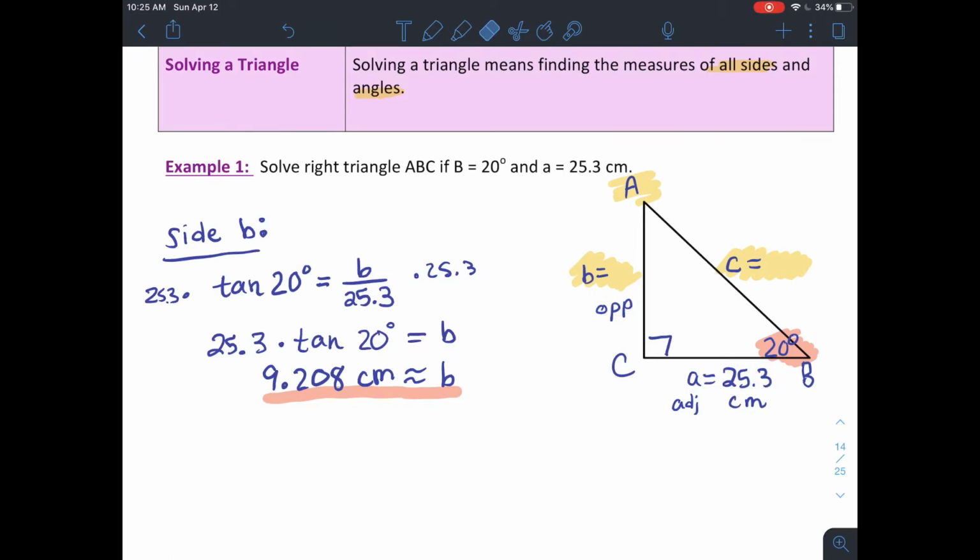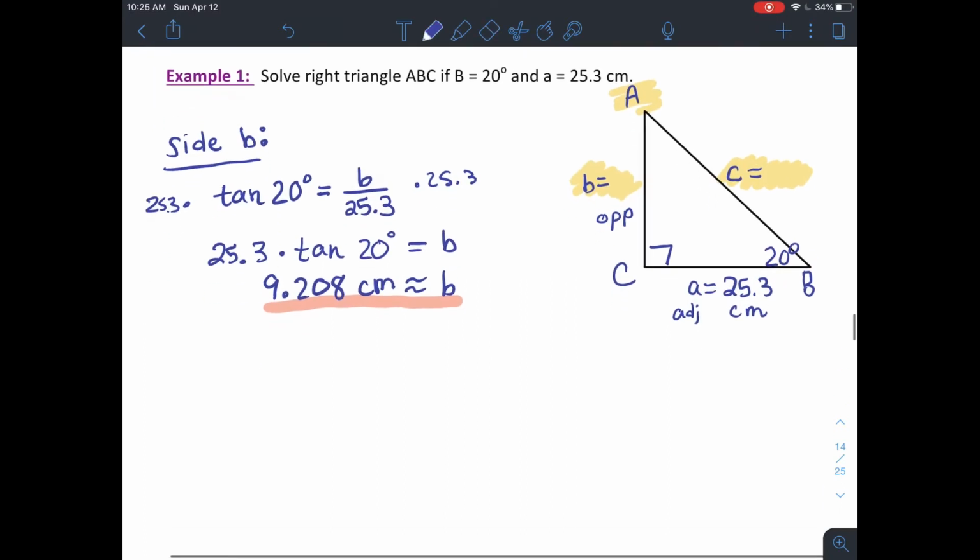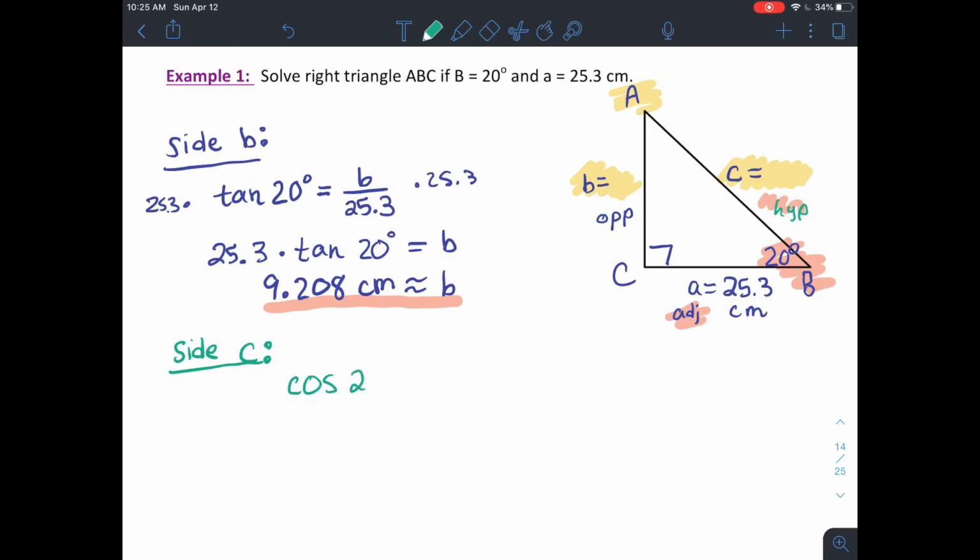Now that's rounded off, so we really want to stick with our original information when we go and find our next side length instead of using any rounded off values, because that can lead to a lot of error in the long run. So let's go for side C, and sticking with angle B and the other side length I was given, not using my rounded one, I've got my adjacent side and I'm looking for my hypotenuse. So we'll do cosine of that 20-degree angle would be my adjacent side length over C, my hypotenuse that I'm looking for.